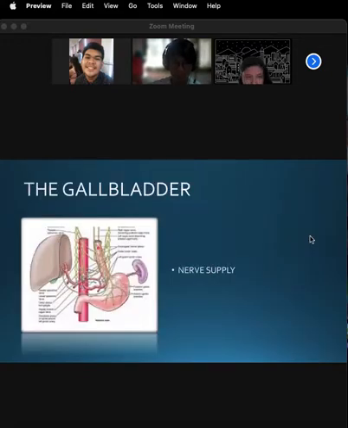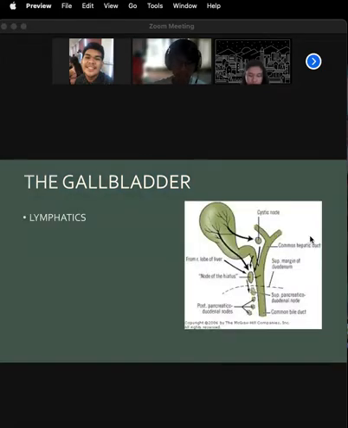Nerve supply of the gallbladder comes from the vagus, and the sympathetic branches through the celiac plexus. Lymphatic drainage is into the nodes along the gallbladder neck and the pericholecystic regions.